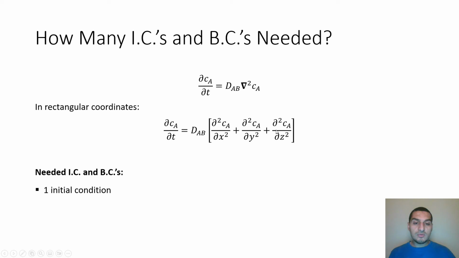For each of x, y, and z I have a second order differential. They're all space parameters, which means that I would need 6 boundary conditions: 3 multiplied by 2, or 2 plus 2 plus 2. This is the information that I need to know so that I can solve the equation. Without the boundary conditions and initial conditions, I will never be able to solve the equation.